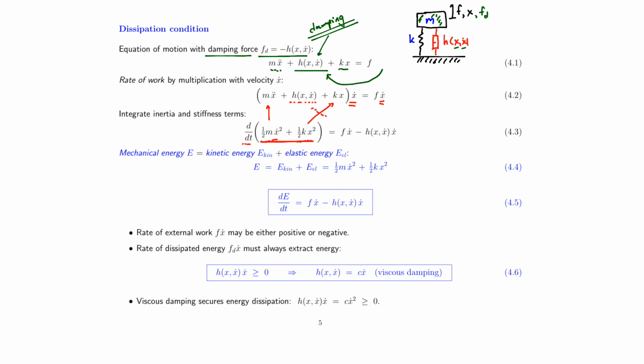And this is then moved to the right-hand side of the equation, where it appears as an external contribution to the rate of work.